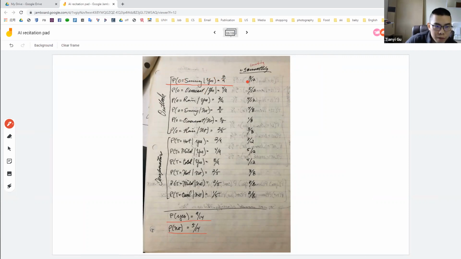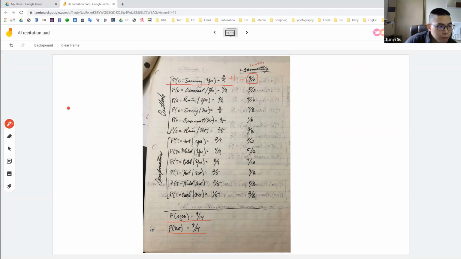Remember that Wheeler mentioned we have to do this +1 smoothing. Otherwise, if you have a 0, it's going to make everything 0, and that's not fair. So we +1 to this value, and +1 to this value, which would be 3 over 12? I think that's right. Or we +1 on the data point instead.